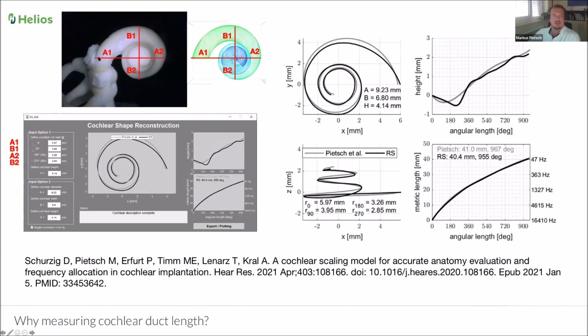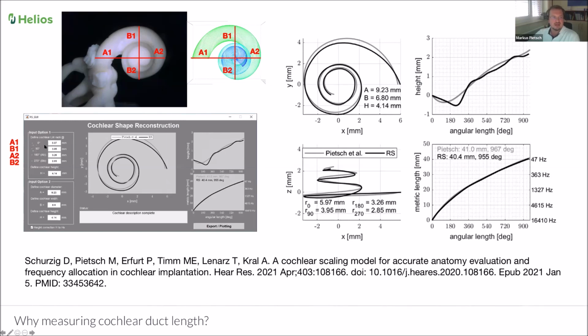And what you need is just the A and B values, but you not only need the A, but the intersection of the modulus. So you need the radius 1, radius 2, radius 3, radius 4 of the basal turn of the cochlea.